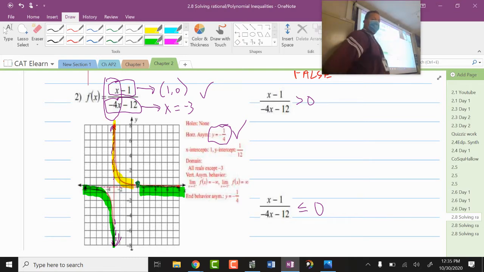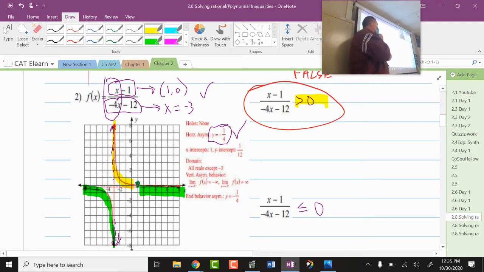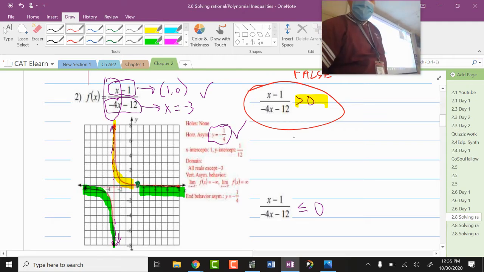All right, Colin, what am I looking for on this first inequality up here? This one right here. Am I looking for the yellow graph or the green graph? Yellow. It's a very simple concept. All right. What's the interval that makes this true, this inequality, based off of my last 2 examples? Awesome. Yep. And what do you got on that?